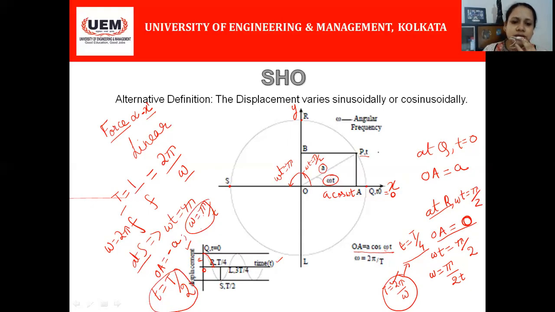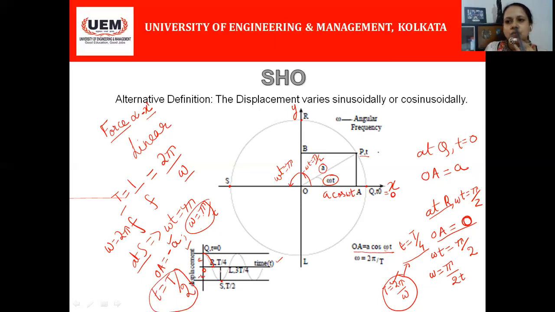So in this curve, we have at position S, the displacement is minus A, and the time required is half the time period to come down to this point. So from extreme position, the particle moves into equilibrium position in 1/4 the time period.